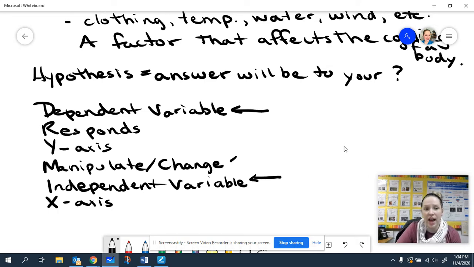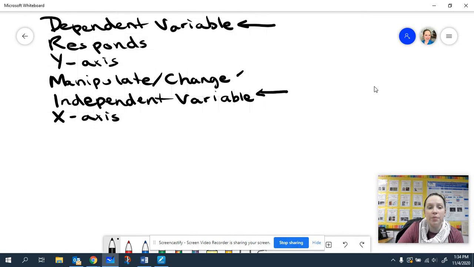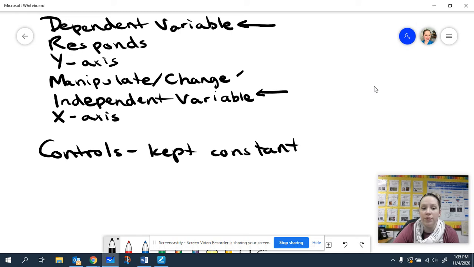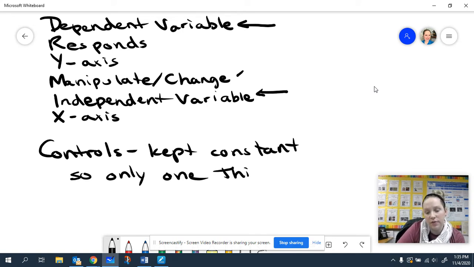You're also going to have to identify some controls. So controls are what we keep constant so that we know that what was changed is the reason why our results change. So only one thing can be changed.